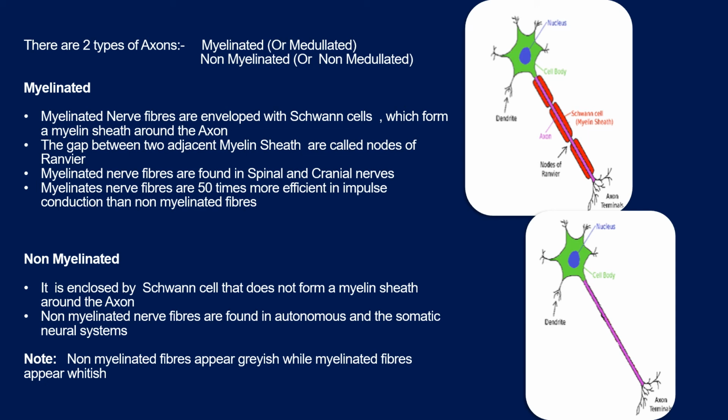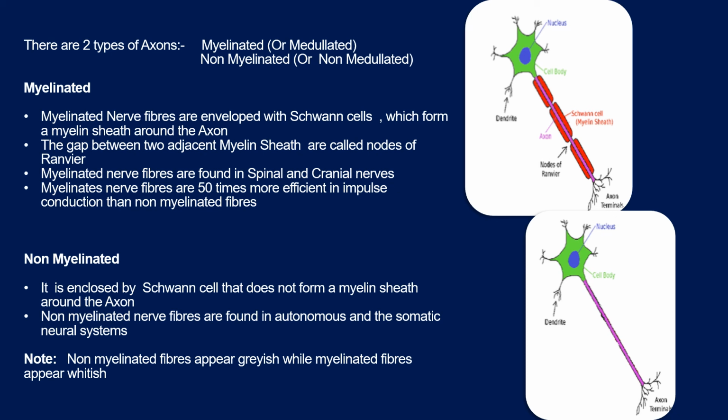Myelinated fibers are found in the spinal and cranial nerves, and myelinated fibers are 50 times more efficient in impulse conduction than the non-myelinated fibers. Next is non-myelinated.